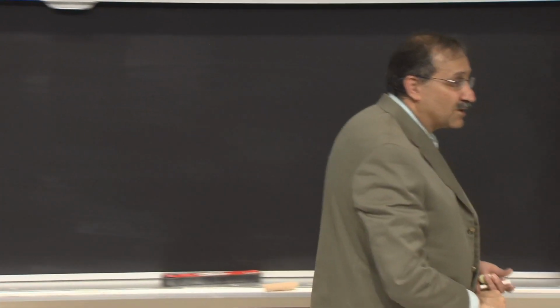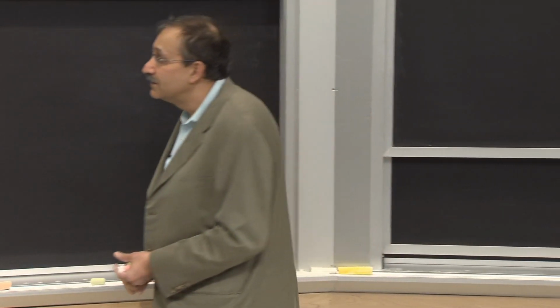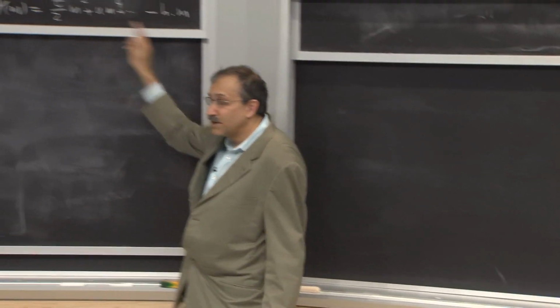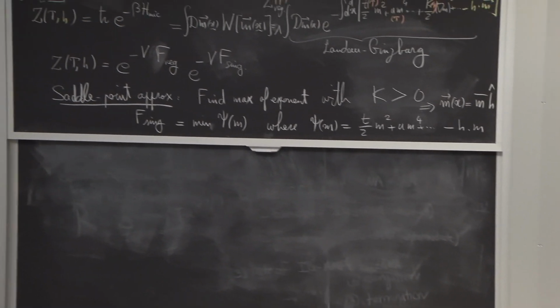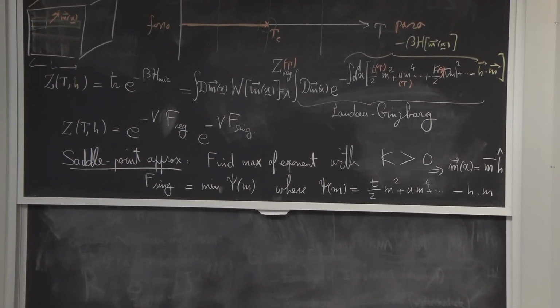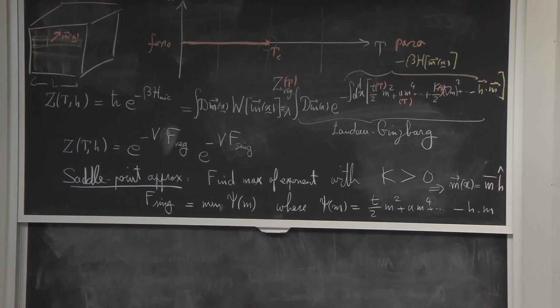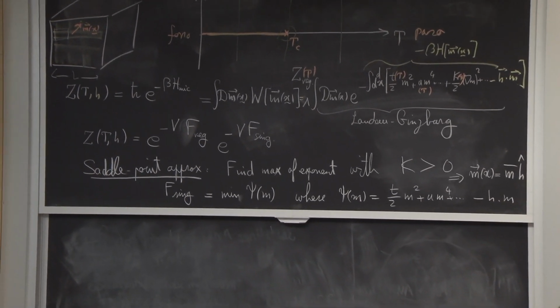Now, it is important to note, since I was talking about analyticities and singularities and things like that, that whereas the function that is appearing here as psi of m, as we discussed, is completely analytical, the operation of finding the minimum of a function is something that introduces non-analyticity. So that's how we are going to get that structure that we have over there.